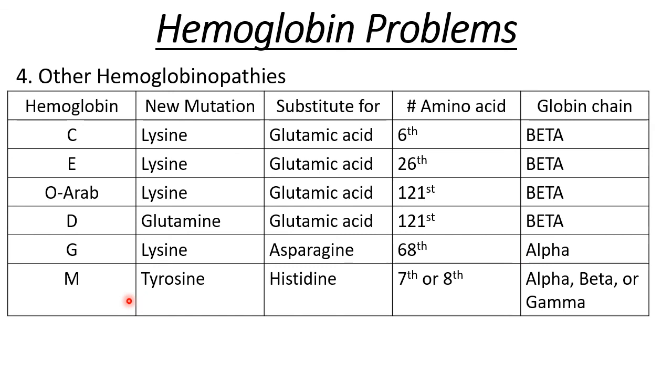And then lastly, your methemoglobinemia is associated with hemoglobin M. Tyrosine will substitute your histidine at 7th or 8th in every globin chain, no? Alpha, beta, or gamma. And that ends the lecture series for RBC Pathology.